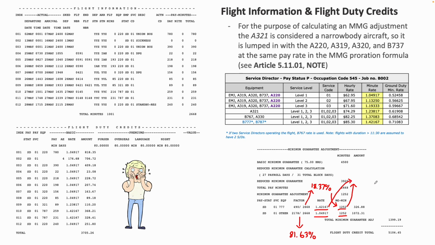And when all those are together, so that's 18.37% times 1252 times 1.42167, we get a grand total of 326.88. And that corresponds perfectly with the number that we see here.